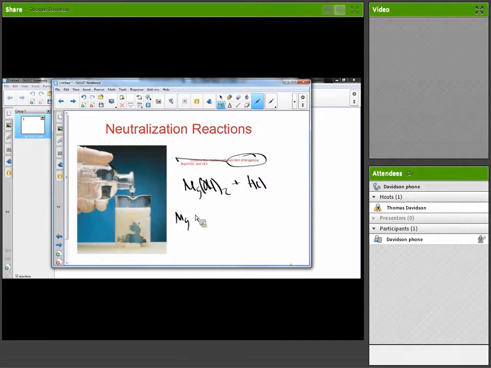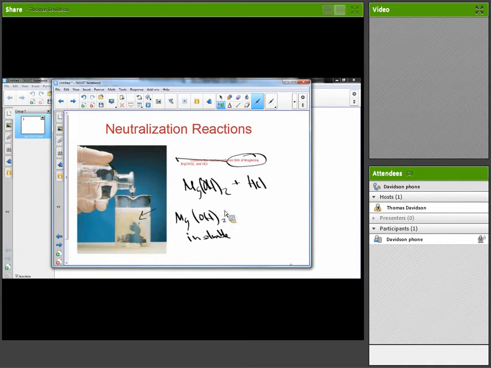Remember, this is white. That proves that Mg(OH)2 is what? It's insoluble. If you've ever had milk of magnesia, it's just a pasty, gross tasting white liquid. That white stuff is the magnesium hydroxide.